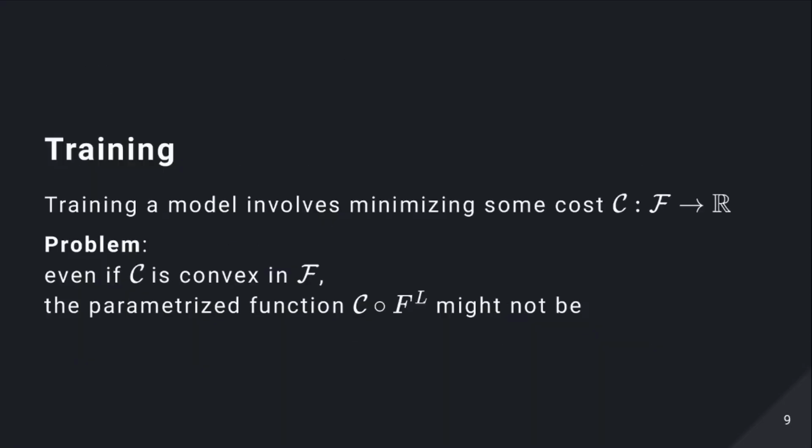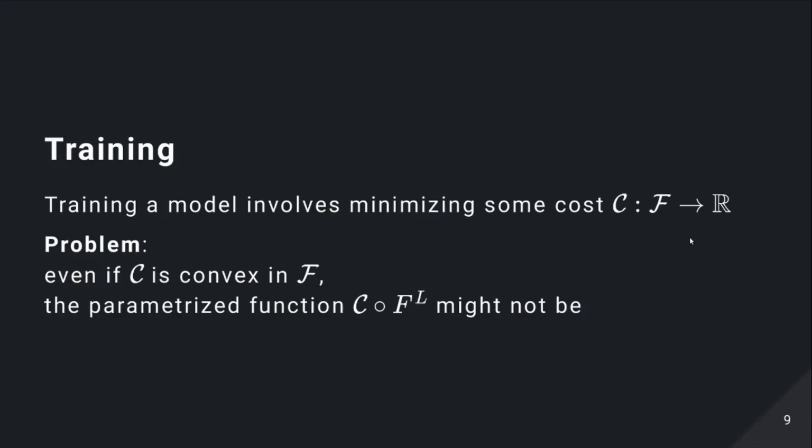So the other thing missing is that when you have a neural network, usually we try to optimize, train it to solve a problem or to approximate some function, or at least in this case to minimize some cost function C, which will be defined on our function space, but usually it will only depend on the input distribution.